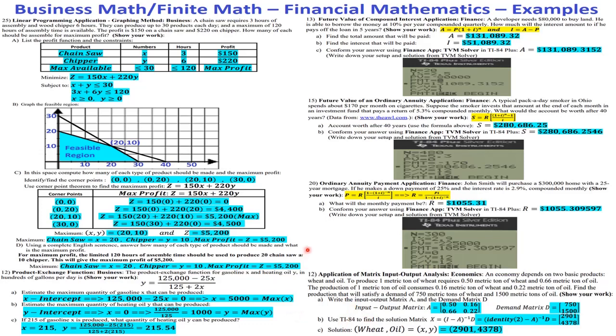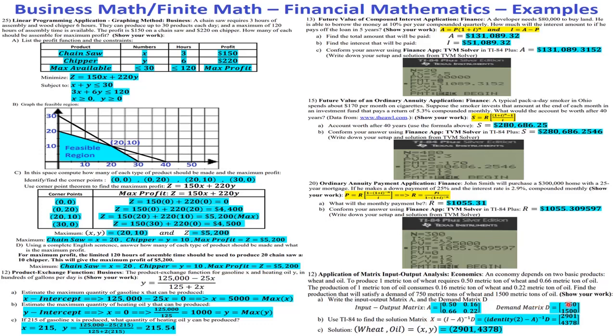Then I have here an application of matrix input-output analysis in economics. You have two basic economic products, wheat and oil, and this is the matrix relationship between them. A, the input-output matrix, is 0.5, 0.16, 0.66, 0.22.